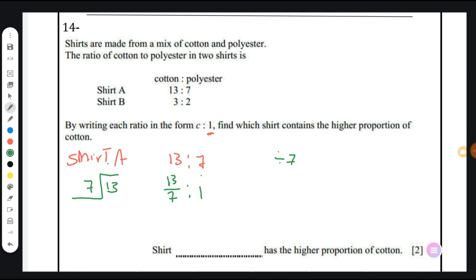13, it will be 1 times 7 is 7, subtract, it will be 6, okay, then put the point and 0. 7 times 8 is 56, subtract, it will be 4, okay, then add 0. 40 divided by 7 is 5, 5 times 7 is 35.